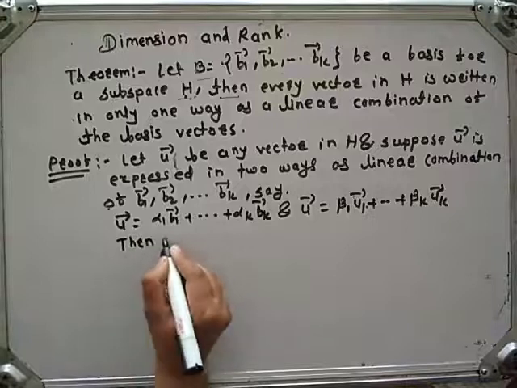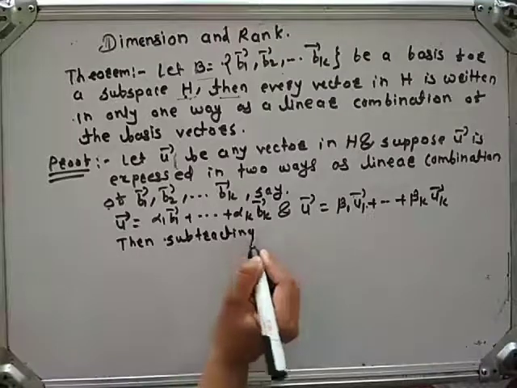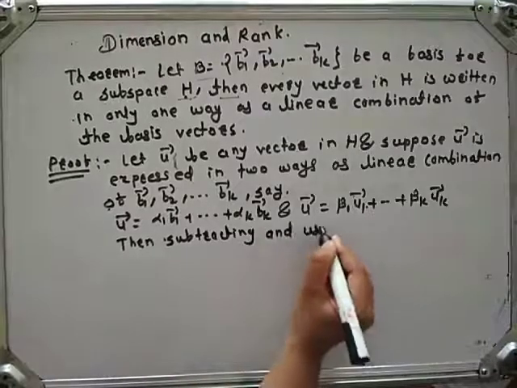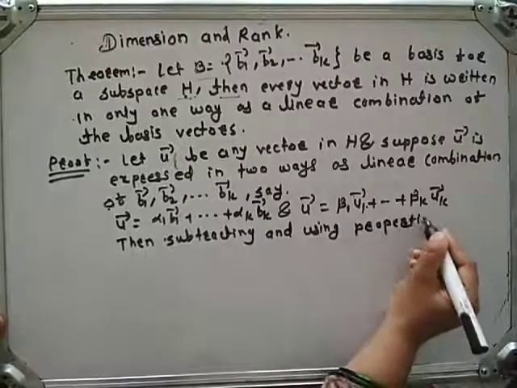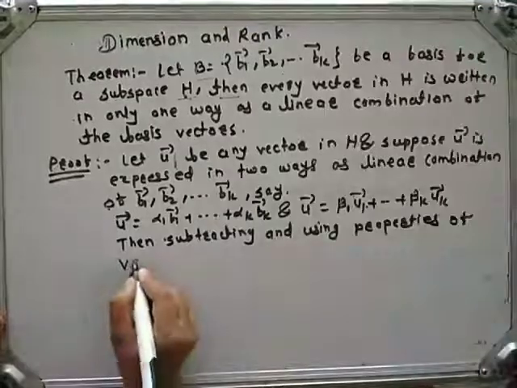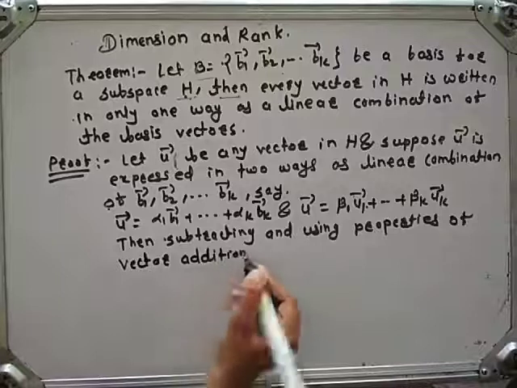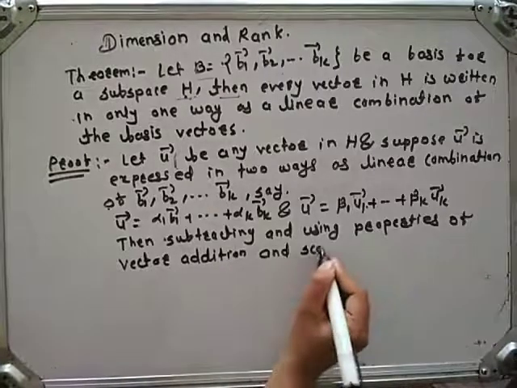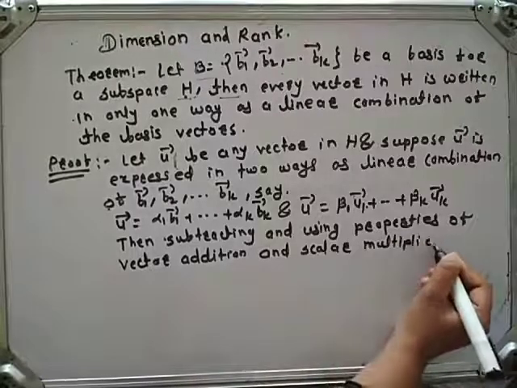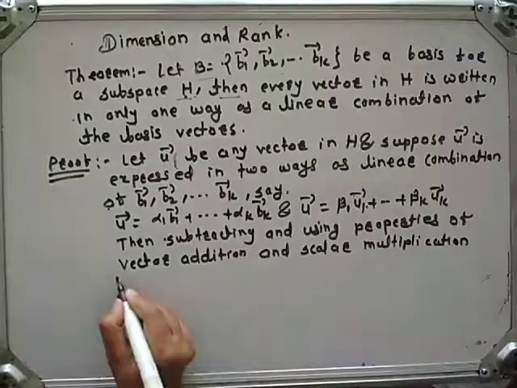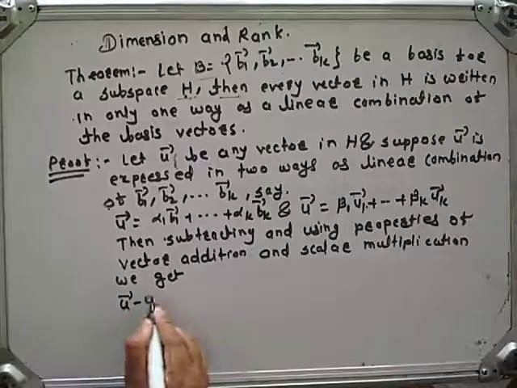Then subtracting and using properties of vector addition and scalar multiplication, we get, subtract this vector U bar minus U bar.